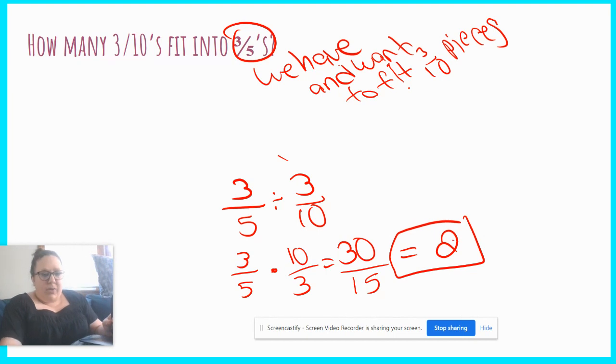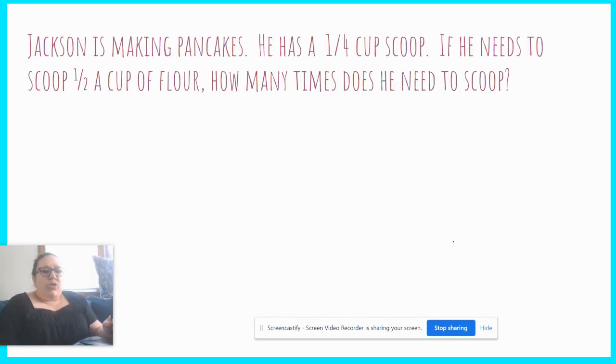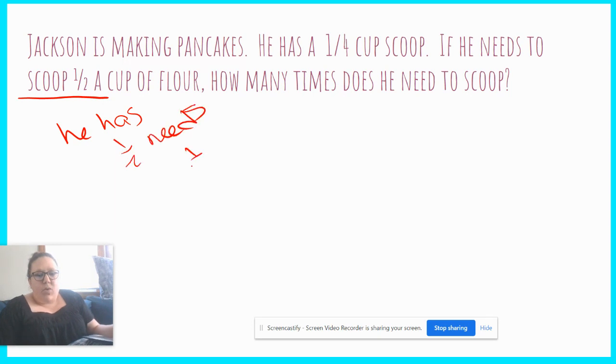All right, let's keep going. Jackson is making pancakes. He has a quarter scoop. He needs to scoop 1/2 cup of flour. How many times does he need to use the scoop? So he has the 1/2 cup, and then he needs quarter groups.